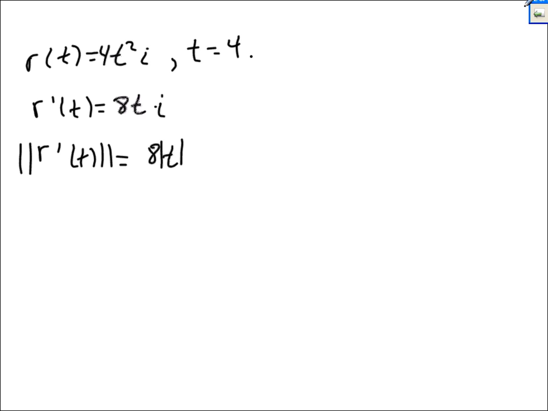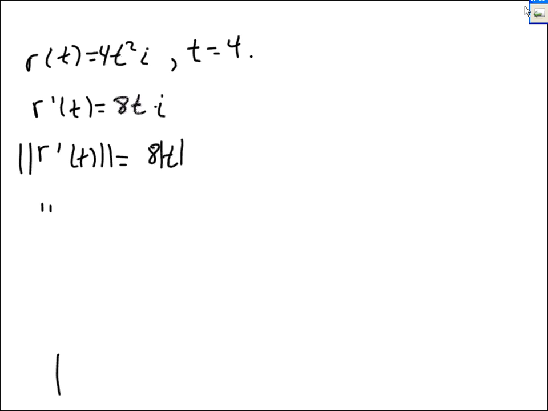Alright, so now we really want to find the length of r prime at t equals 4, which is 8 times the absolute value of 4, which is 32. In fact, let's not even do that yet.